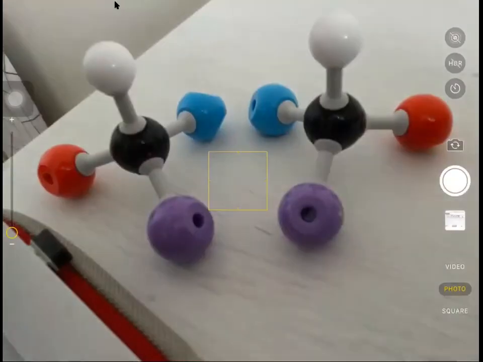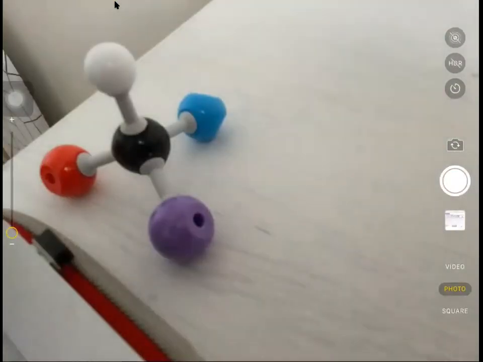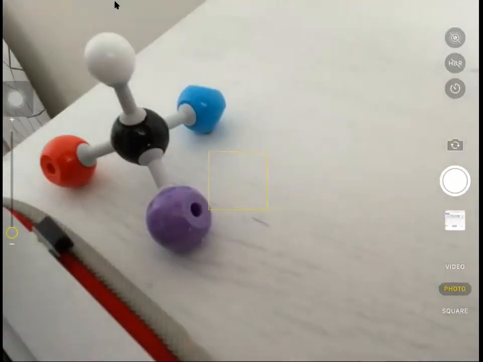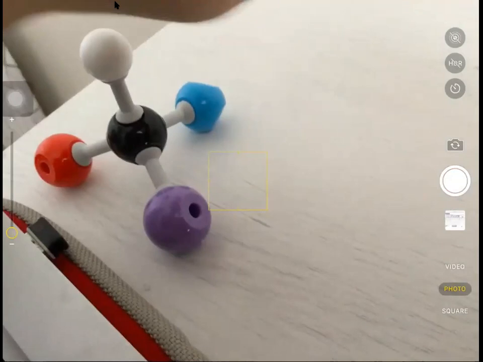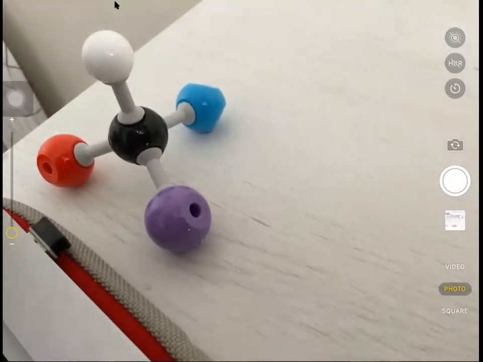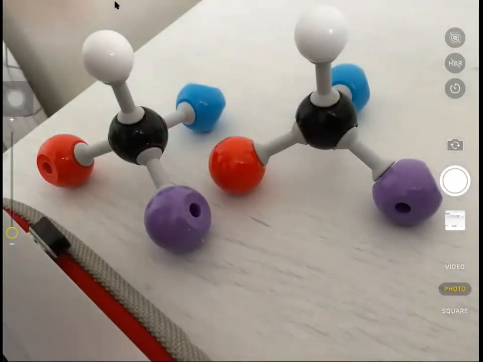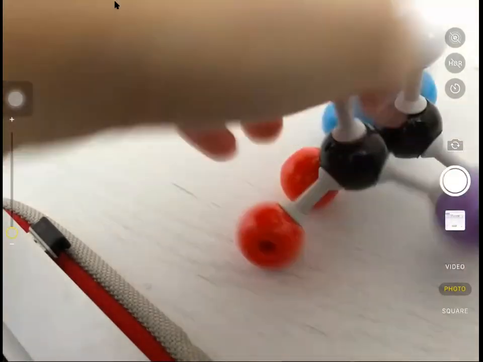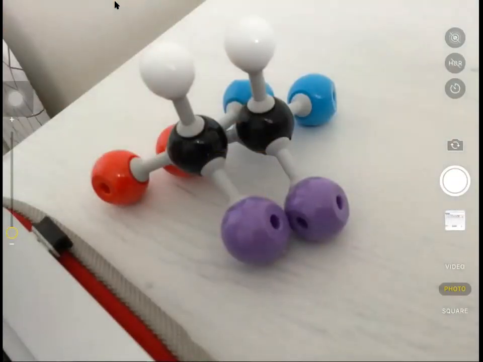And switch once again, this time the purple with red. Now I got this, and you can see it goes back to the original molecule. By doing this, we can work out whether it's an identical molecule or an enantiomer.